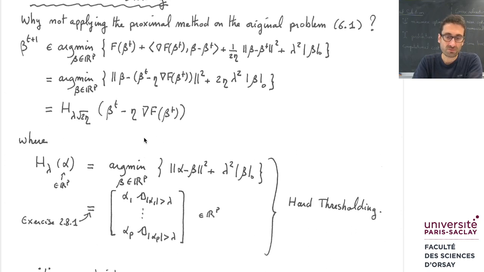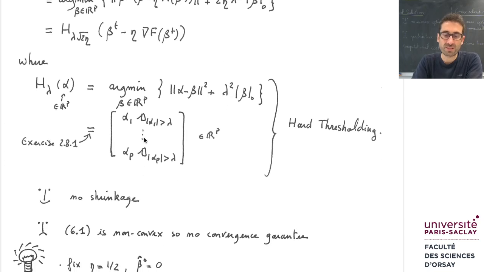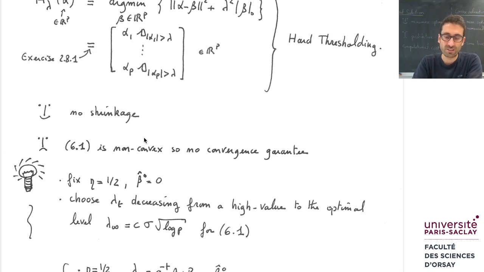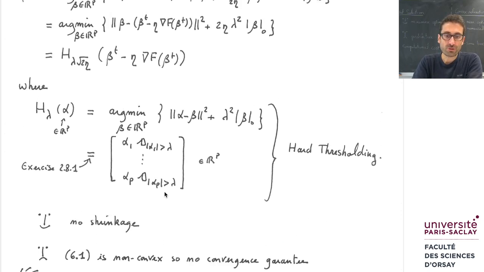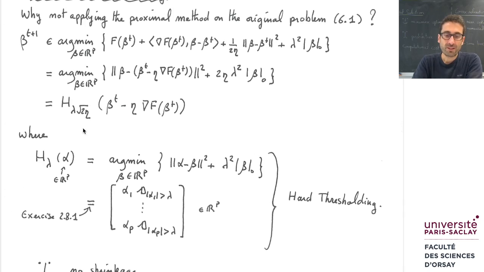So we fix it to 1/2. We could choose something else, but 1/2 is nice. We know what we will do. And we will start from 0. And we will apply this recursion here, but for a value of lambda that will be very large at the very beginning, so that we will be sure to have something sparse, and that will decrease to a target value, which will correspond to the minimax level for optimization. So let me explain this.